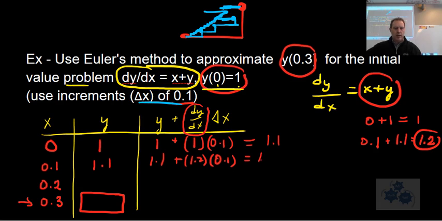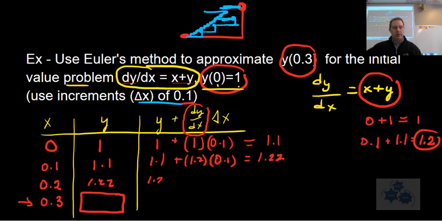So now we have 1.1 plus 0.12, which is 1.22. So at this next x value, this is 1.22. Okay, let's keep going here.